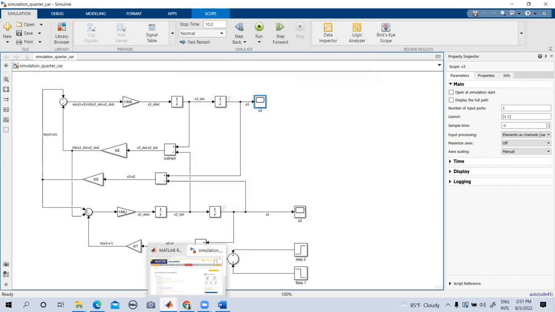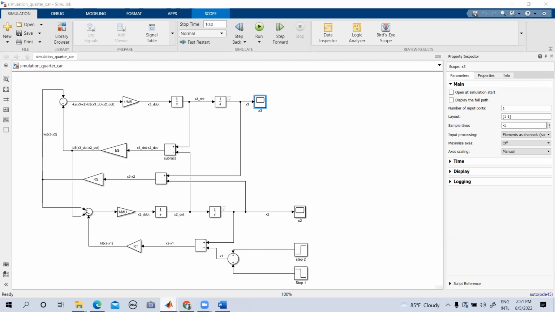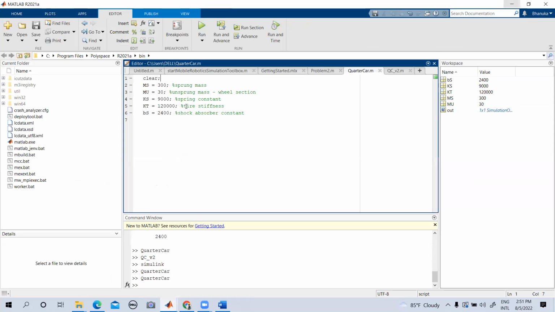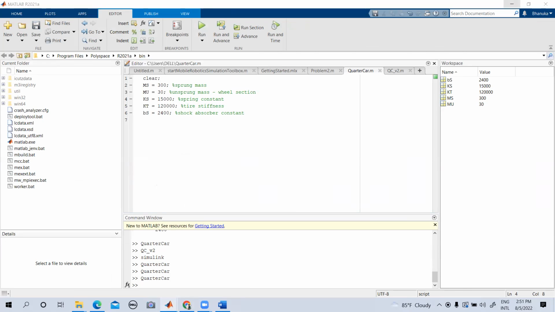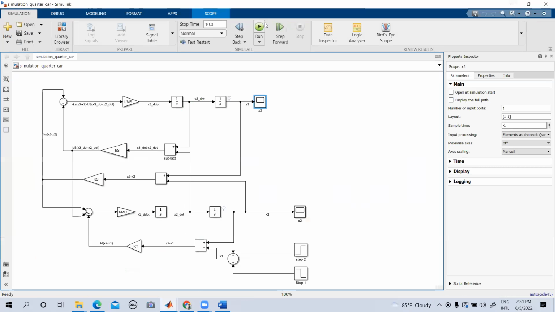So we can say increase the sprung spring constant, like make it 15,000. We can then see what happens. Then we'll simulate this and see. The sprung part was introduced, right?